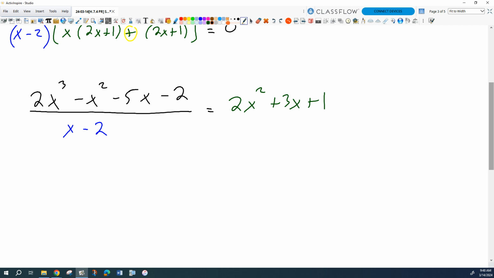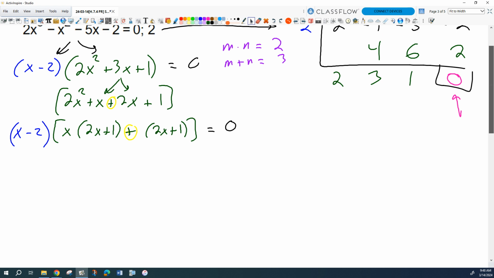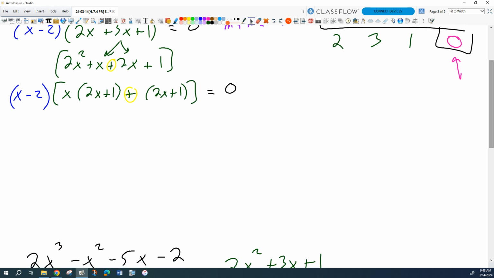Let me scoot this stuff down a little bit. Now what? What can I factor out with my x minus 2? What can I factor out of the green brackets? Yeah, there's a common factor. The 2x plus 1 is common to each term, so I can factor that away.